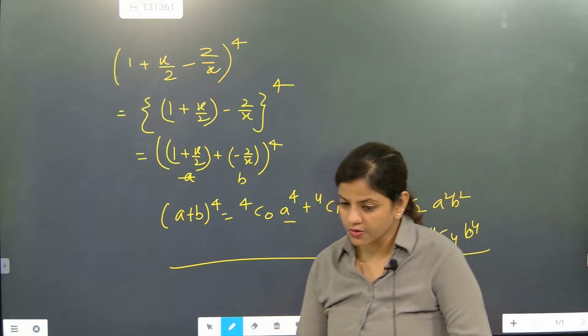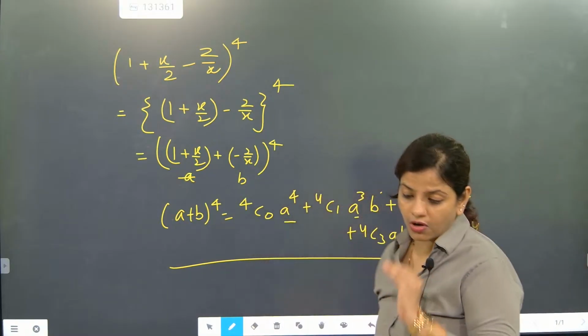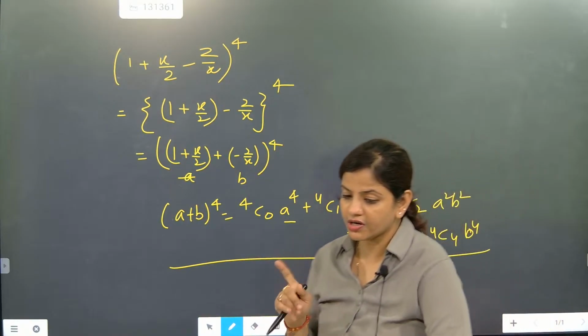Now, beta, one typical question I'm solving. These types of typical questions you should always keep with you, because these type of questions will always have difficult parameters.